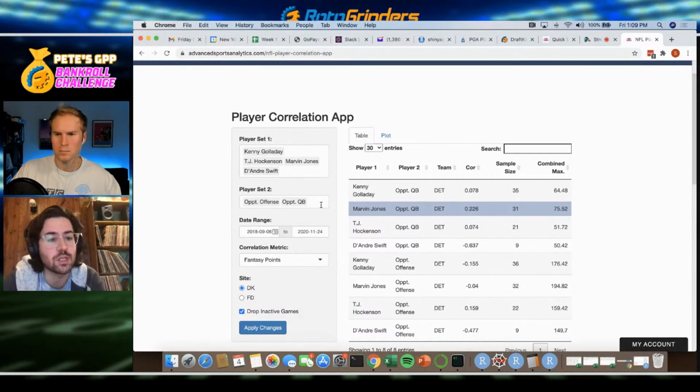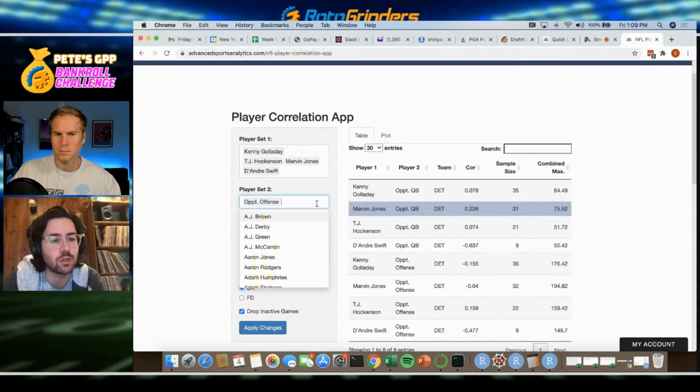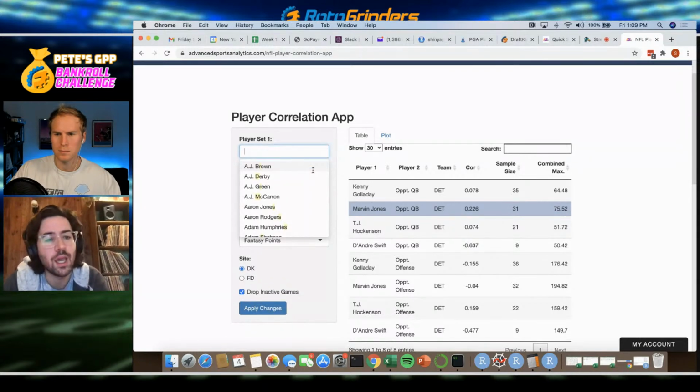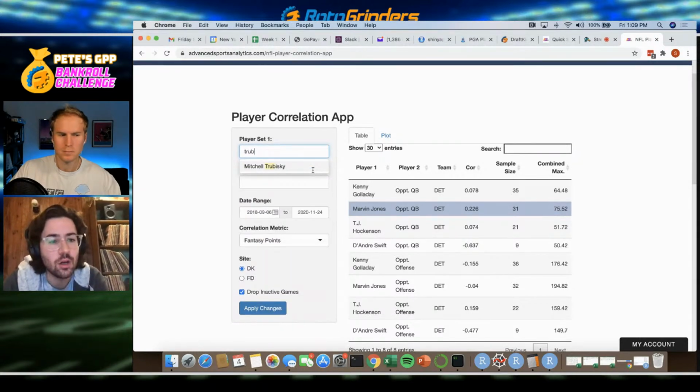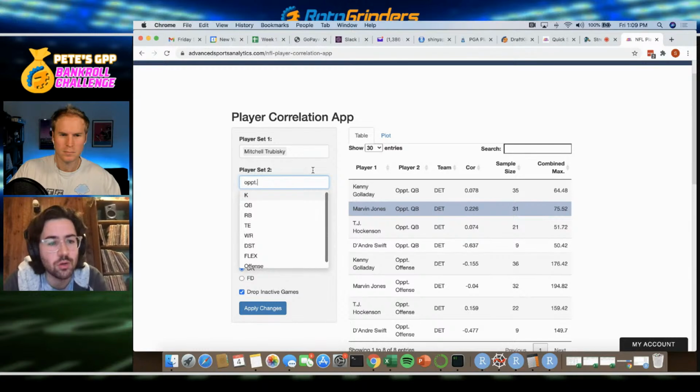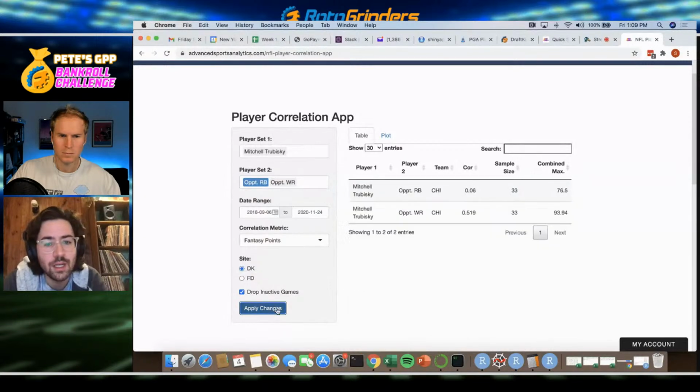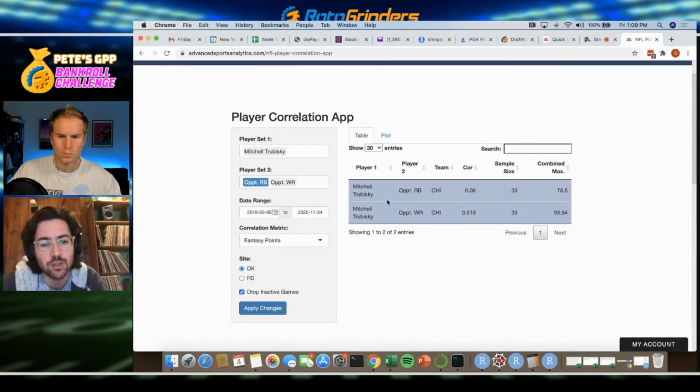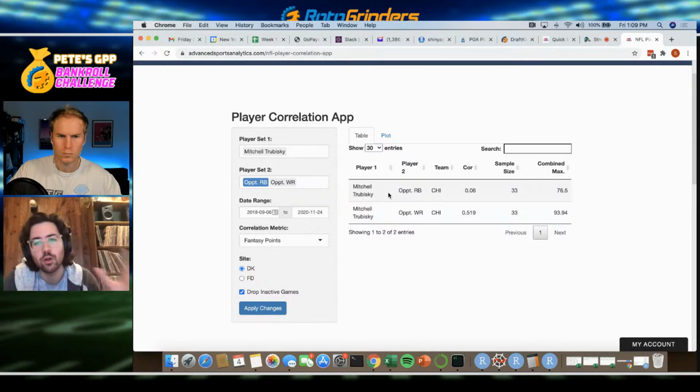Or if they're two different positions, like if we were truly between Swift and Jones, we might ask how Trubisky correlates with opposing running backs versus opposing wide receivers, and say, oh wow, Trubisky has this great correlation with opposing receivers, not so much running backs. So even though Swift is a pass catching running back, I'm still going to show more favoritism towards the wide receiver.